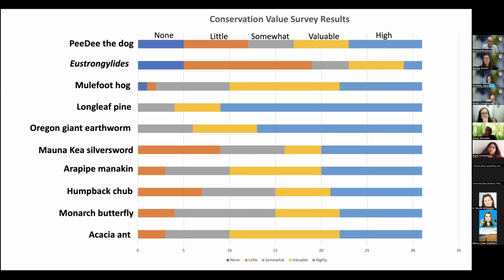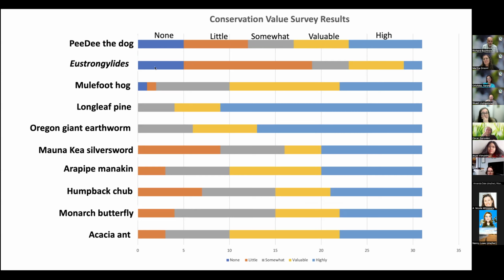And what I've put up on the top are the ones that I personally felt had no conservation value. Poor Petey the dog, he may have value, but this is the number of students in the class that picked those for each of the conservation categories.